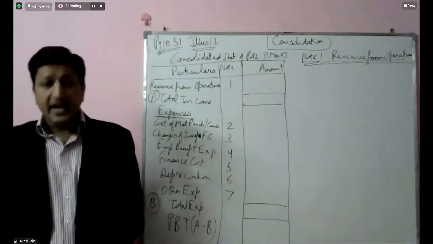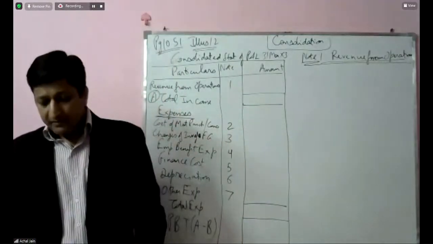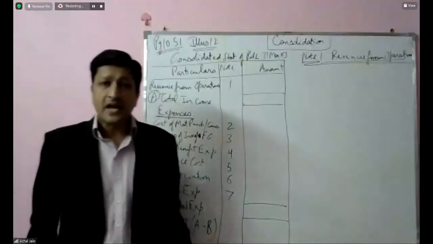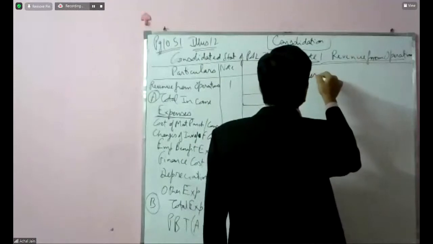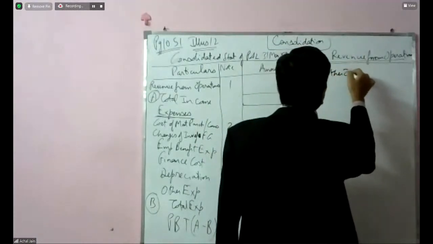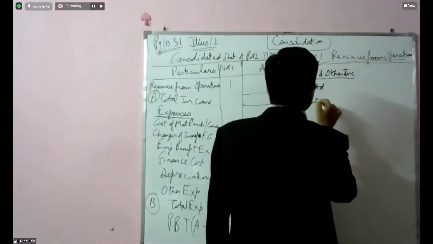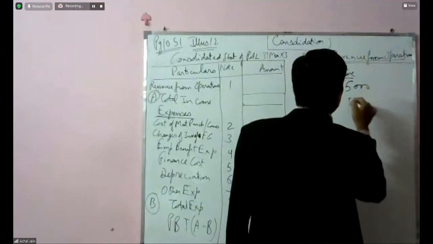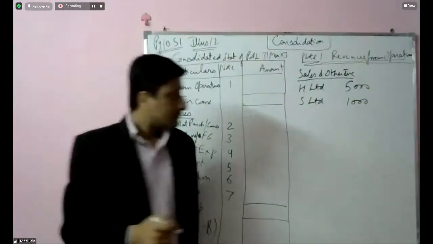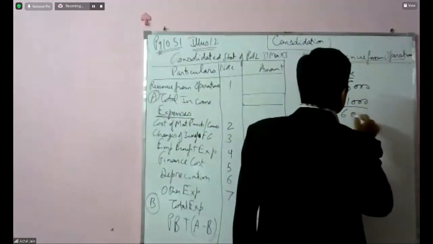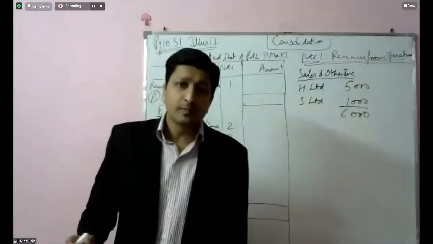So we have sales and other income for H and S, 5,000 and 1,000. All the numbers are rupees in lakhs. Correct? Sales and other income, H Limited, S Limited. This is 5,000, this is 1,000. So we get 6,000 as the total sales and other income of the group.